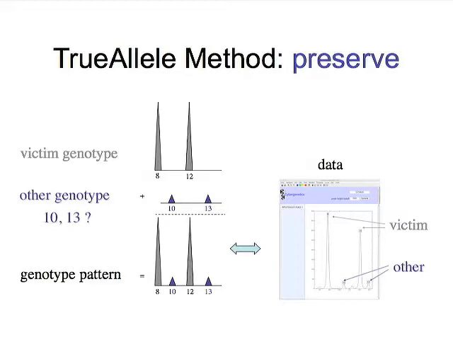And in the process, for each hypothesis of what the allele pair would be, it generates a pattern. That pattern is compared against the data. And in this case, we see that the hypothesis of the 10-13 predicts the data very well with the 2 victim peaks and 2 unknown peaks. For this to work, the computer has to try out every possibility and assign what its likelihood is based on the data.